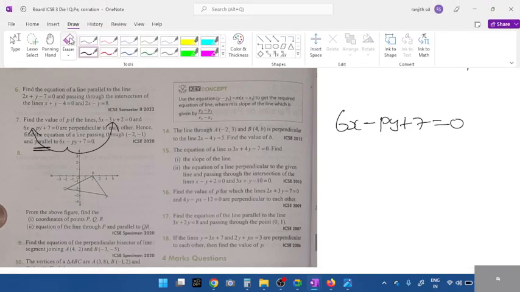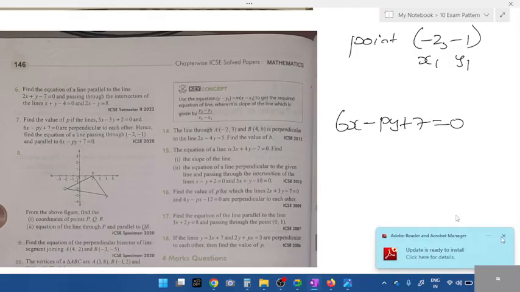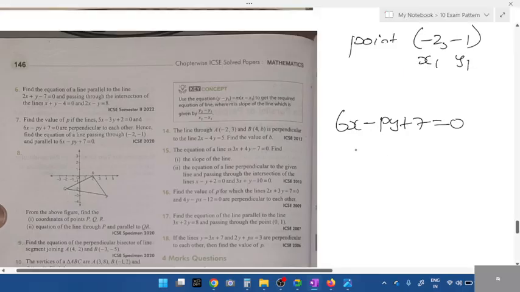What is the slope in this? From this, what is the slope we found? P value. First, minus 10. So you have to take, not minus 2. Hence, find the equation of the line parallel to.